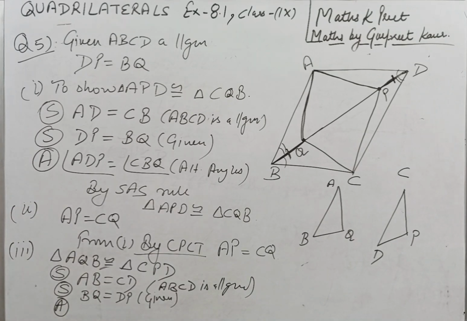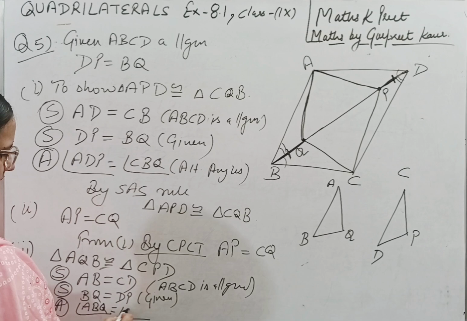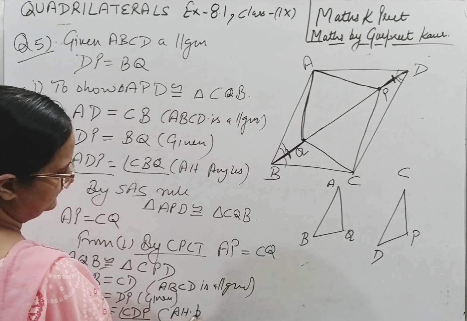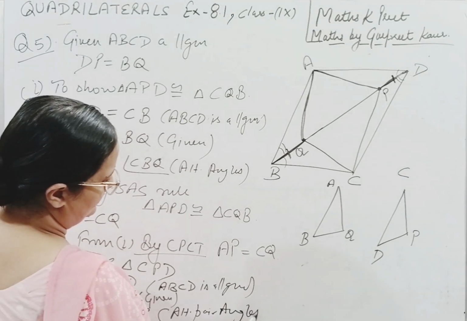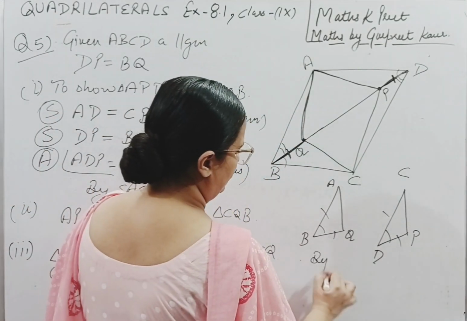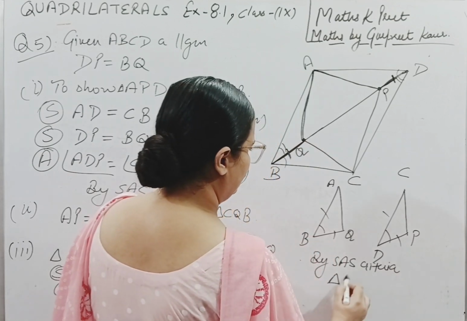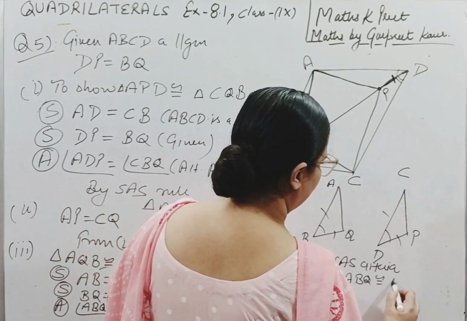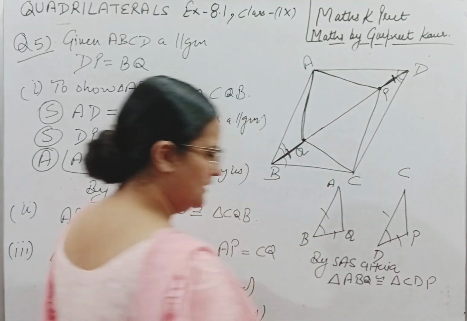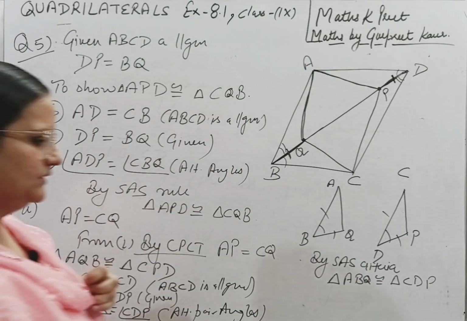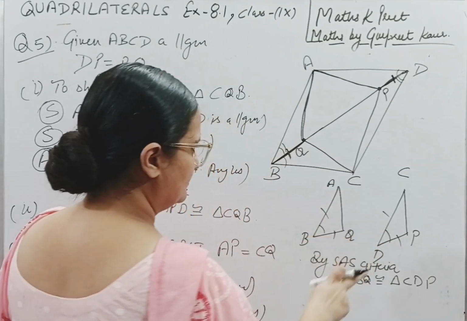I hope you are able to see. Yes. So angle ABQ will be equal to angle CDP by alternate pair of angles. By SAS criteria, we have proved that triangle ABQ is congruent to triangle CDP.